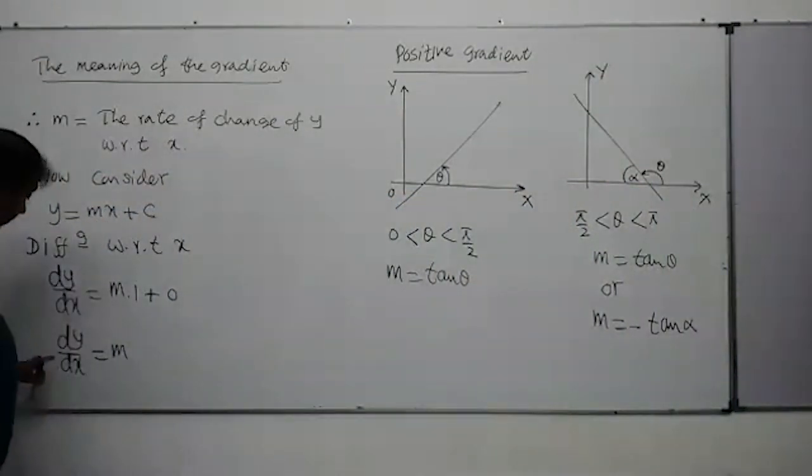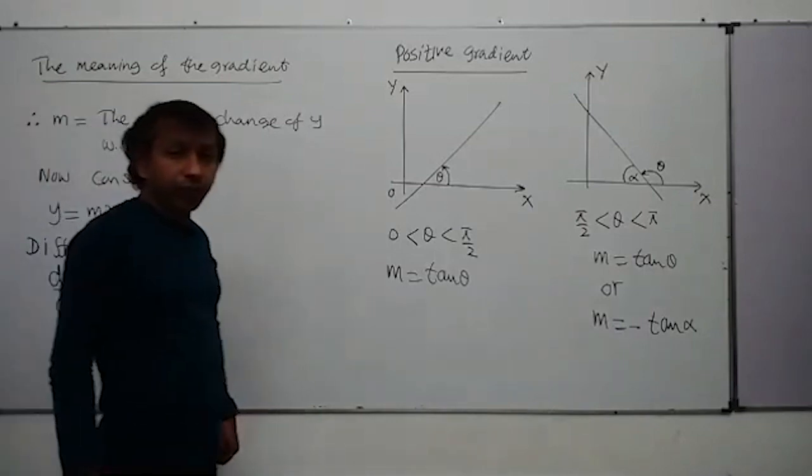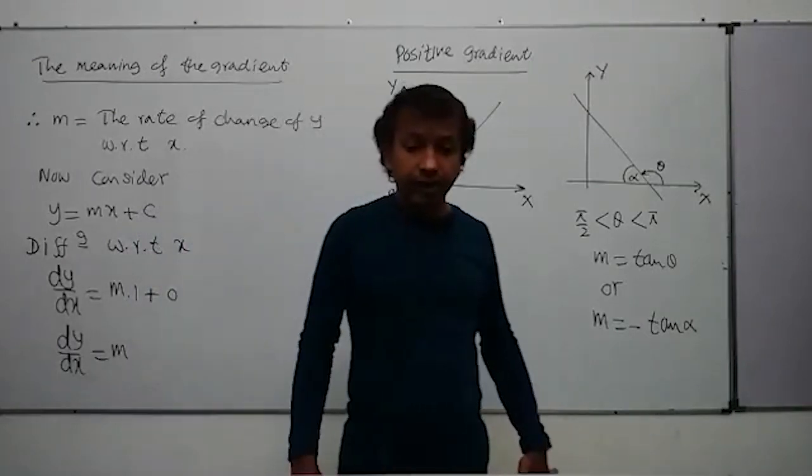That means dy by dx gives the gradient. That means dy by dx gives the rate of change of y with respect to x. Okay, write down like this.